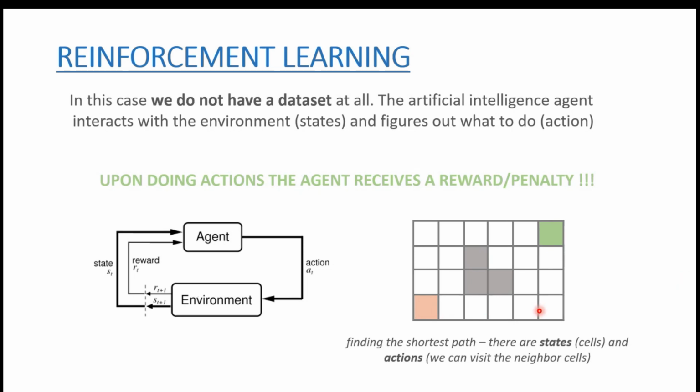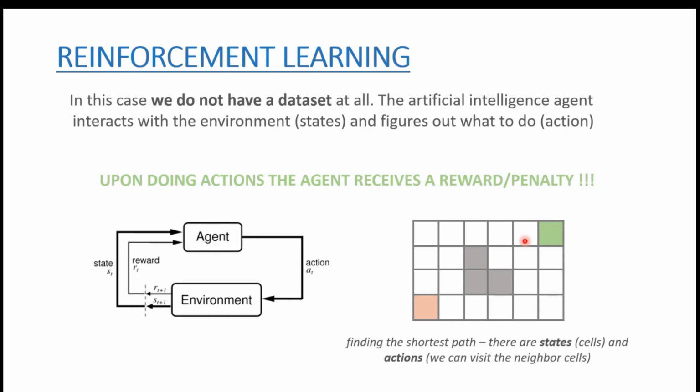Or he can move from this point to this point, or he can move this way. So he can choose any path. He doesn't know anything at all. Okay, so he is here and he wants to move one by one, and finally he will reach the green, obviously.